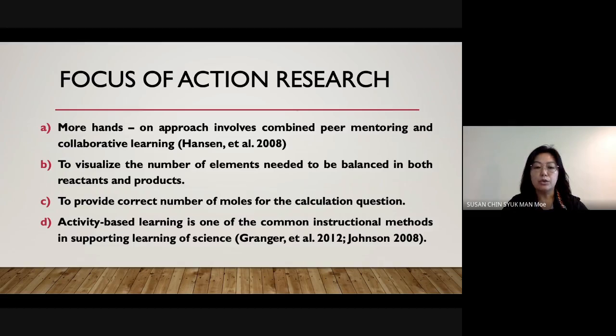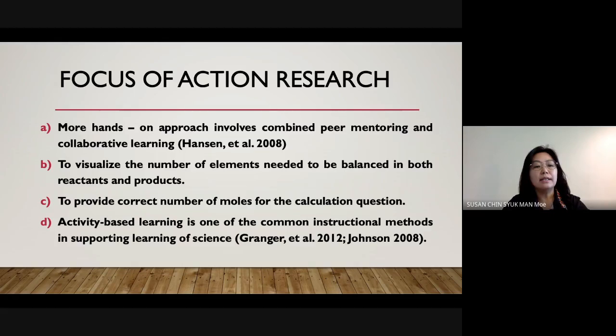Number three, to provide the correct number of mole for the calculation questions, as we found out that if students are not able to balance even a simple chemical equation, it is going to disturb the following question in SPM. They are going to lose the marks just like that.